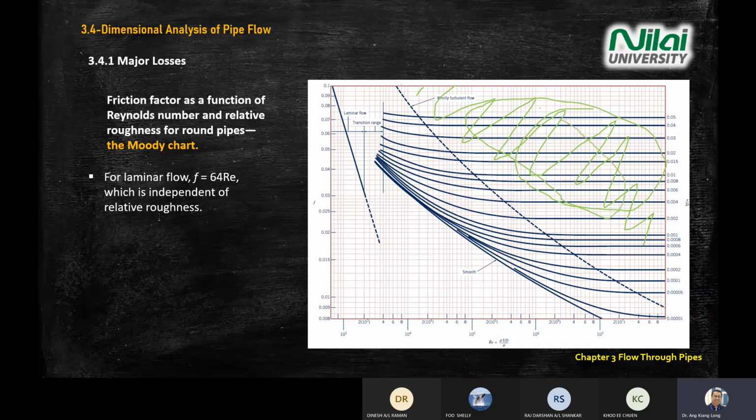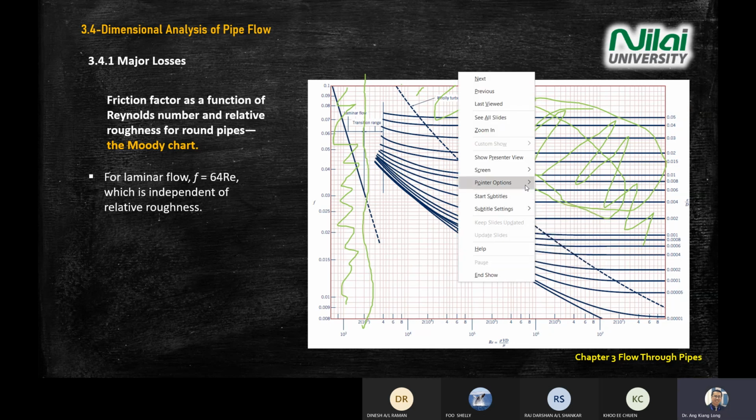Any point that falls within this region means turbulent flow. If you have laminar flow, then you follow the region labeled here, and most probably you will have laminar flow. You see this line, right? So here, you will have a different scenario.